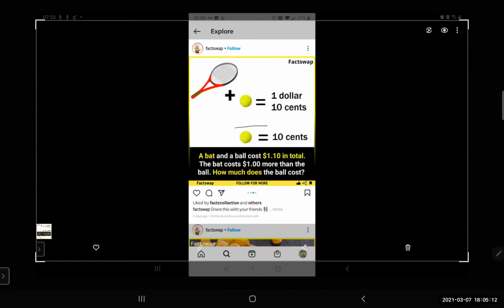If the ball is $0.1, not cents, the bat has to be 1.1 because the bat is $1 more than the ball.